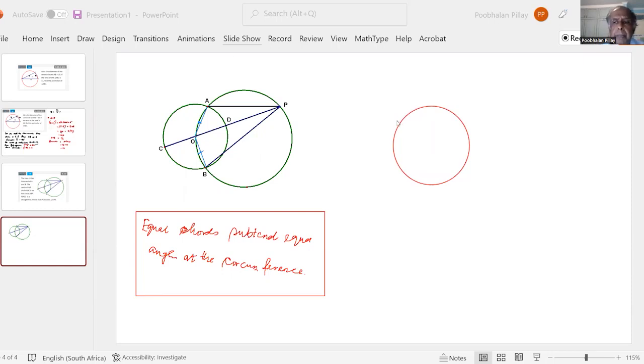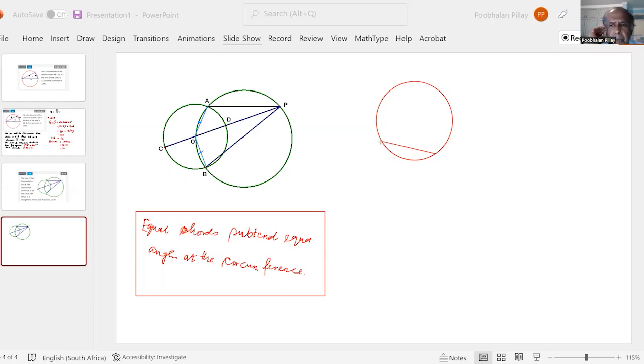Now, when you've got a circle, and if you've got a chord, now remember a chord is a straight line which joins 2 points on the circumference. So I take 2 points and join them, right?